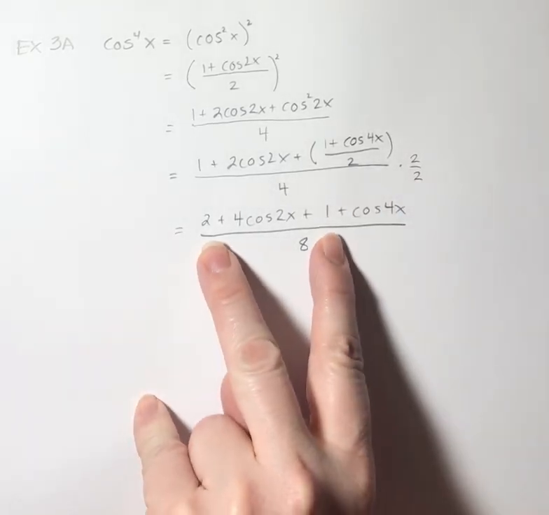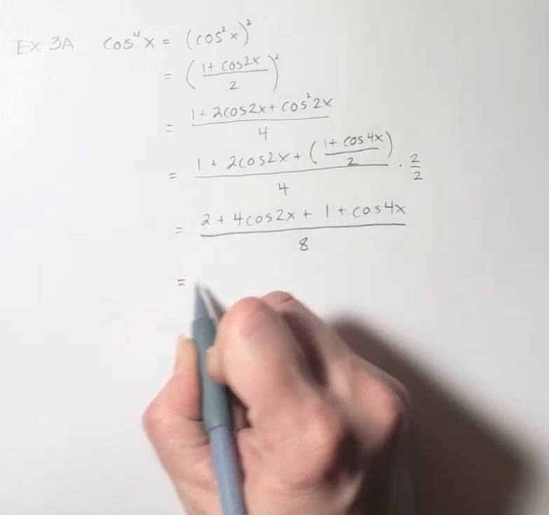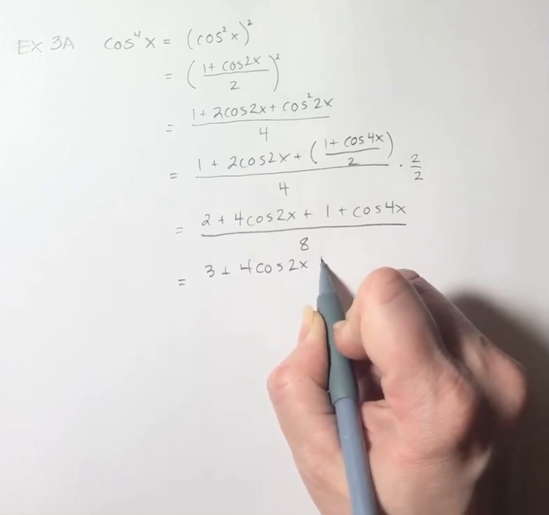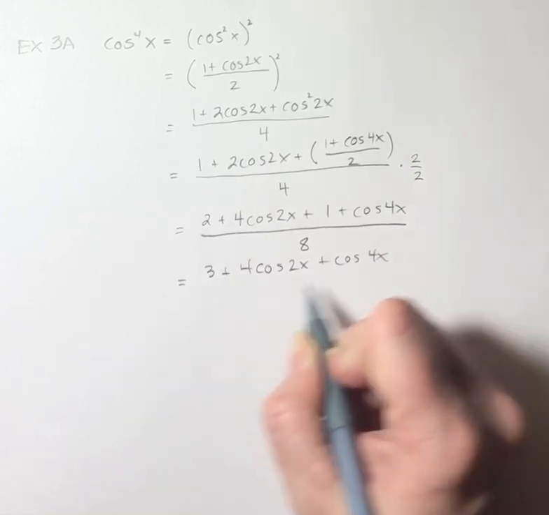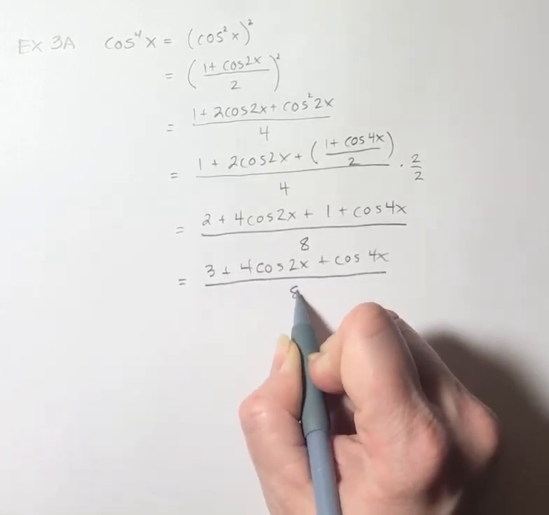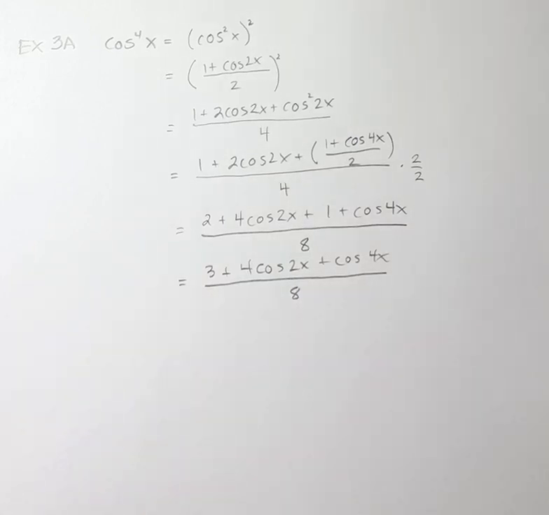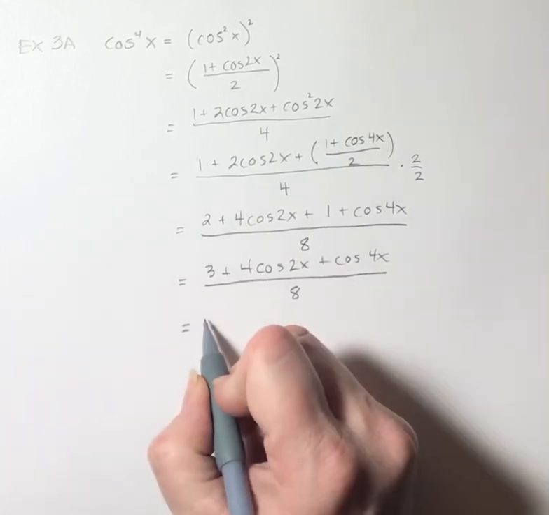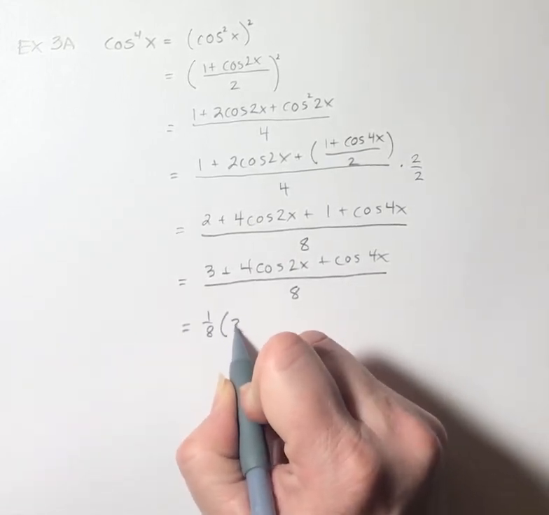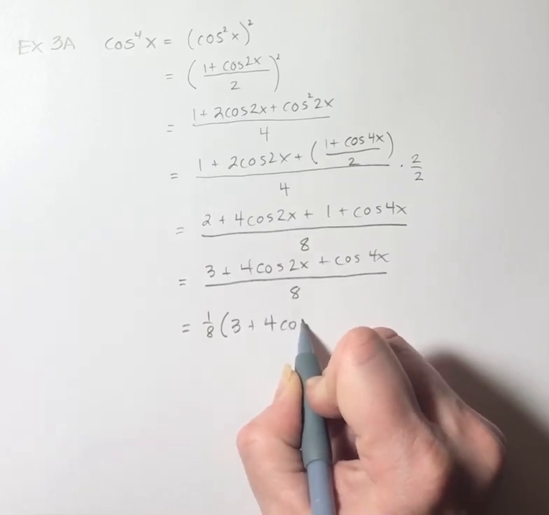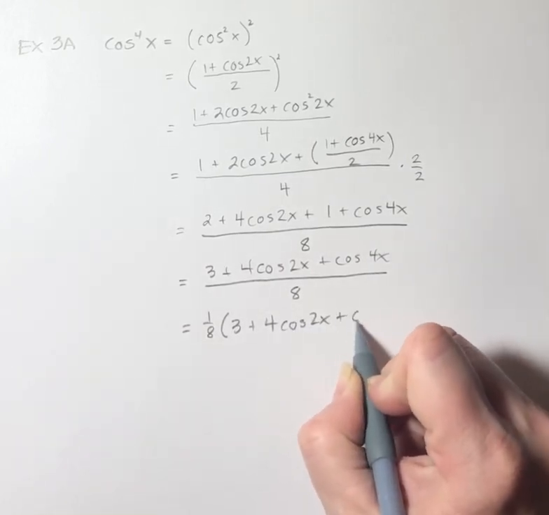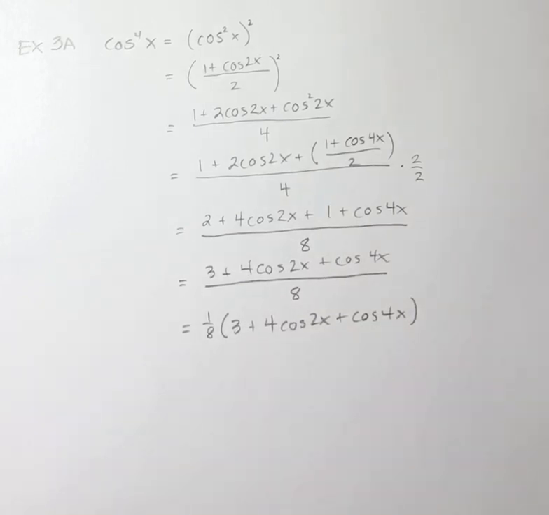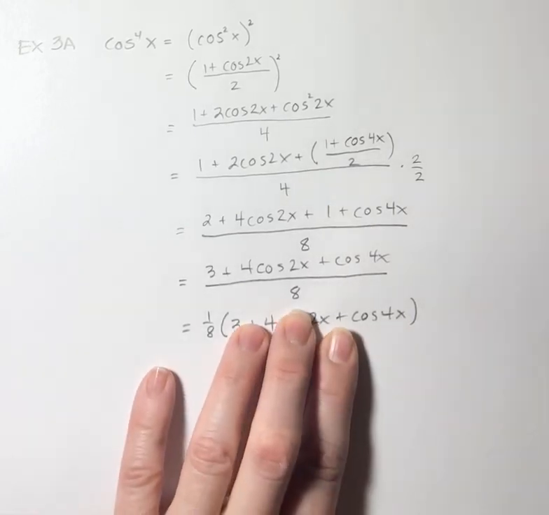I have 2 like terms, so I can add them together. This is 100% an acceptable answer. In the back of the book, they instead like to write it as 1/8 times 3 plus 4 cosine of 2x plus cosine of 4x. It's the same thing. You don't have to worry about rewriting it. When you get here, you're done. It's correct.